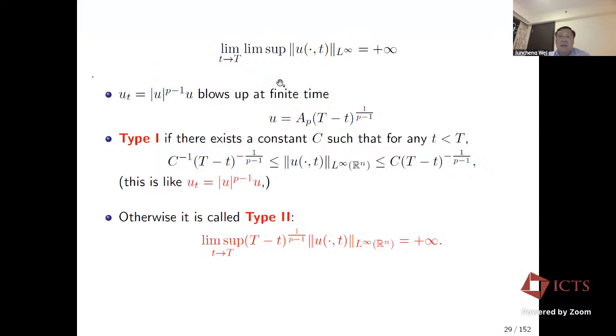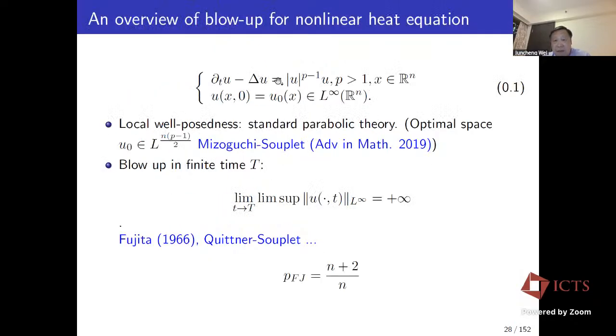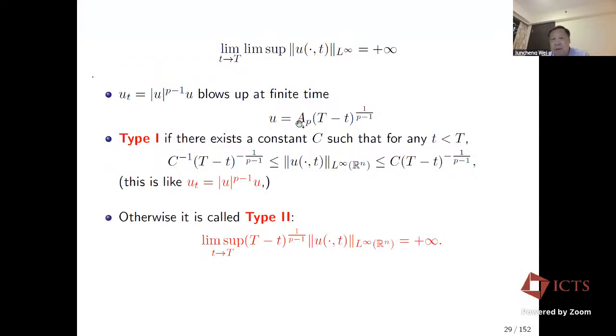Now, the two types of blowup which we're going to classify: if the blowup looks like the ODE, so if we forget about the Laplacian and just look at the ODE, you have a blowup in finite time, you have this type of solution.